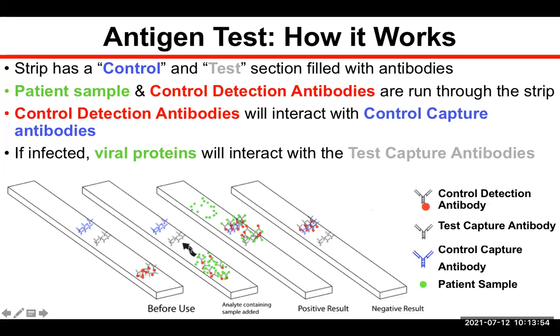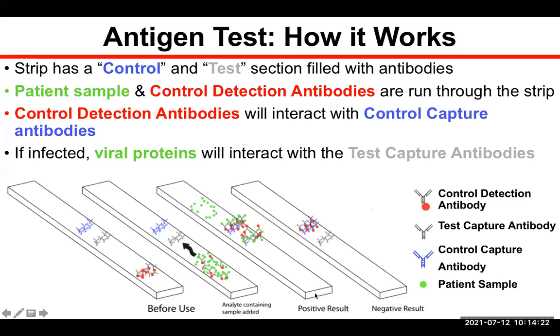When you run through this strip, if we remember, antibodies are going to bind to specific things. And so when the control detection antibodies make it to the control section of the test, you're going to have some binding occur and then you're going to see a band that's present.